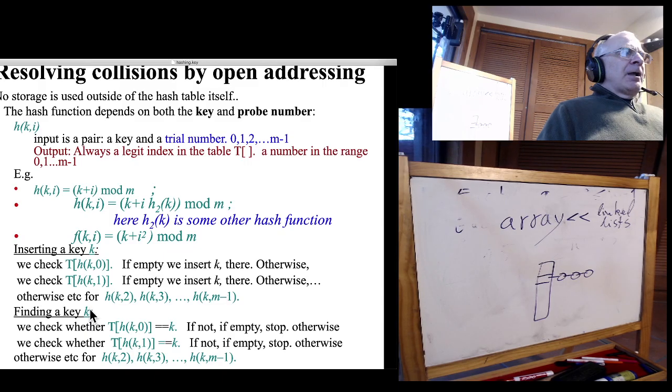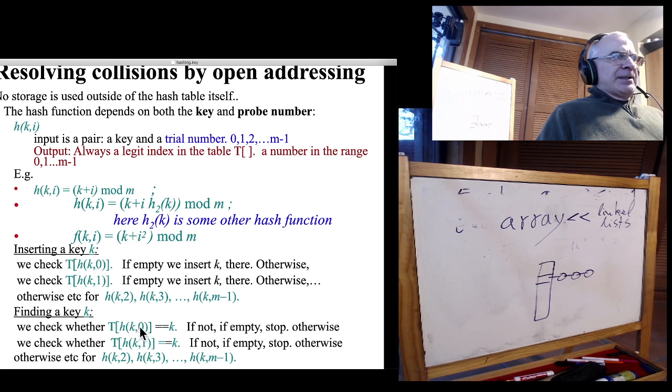What should be the finding algorithm? We first check: if I would insert k, what will be the first place that I'll try? I'm inserting it into h(k, 0). So the first place that I'll search for k would be the very same index, T of h(k, 0).